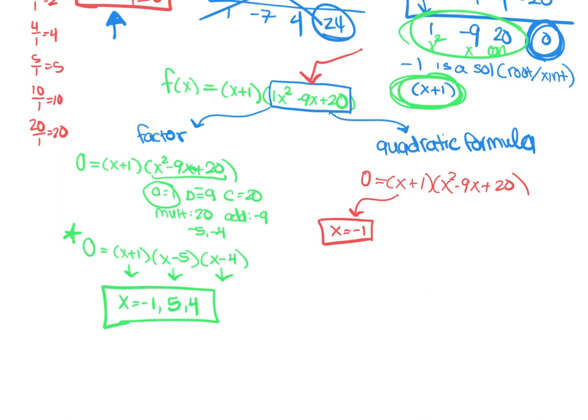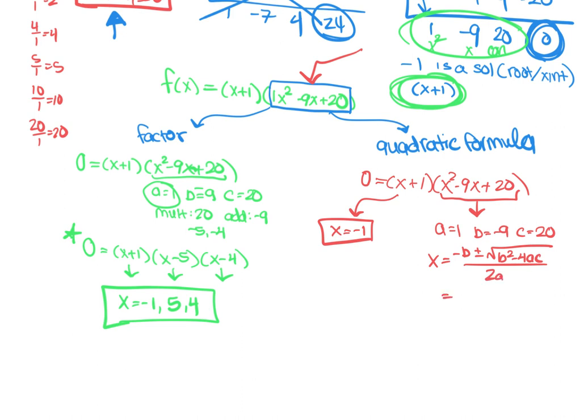That's an option. Now, I can use the quadratic formula on this part to get my other two solutions if for some reason I don't do well with factoring. So again, we start with a equals 1, b equals negative 9, and c equals 20. So remember our quadratic formula is x equals negative b plus or minus the square root of b squared minus 4ac, all over 2 times a.